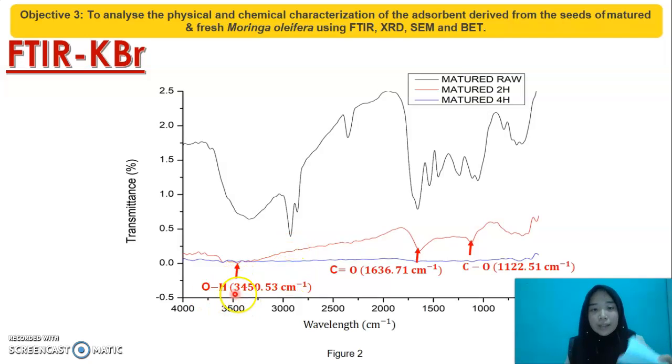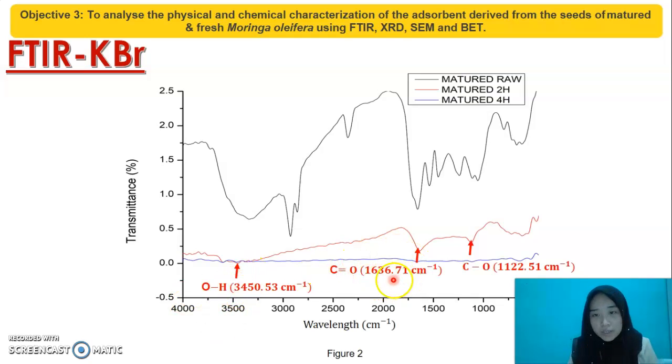You can see here at the 3450.53 per centimeter, it was assigned to C double bond COH, which is the alcohol group that appears in the protein and fatty acid structures in Moringa oleifera seeds.